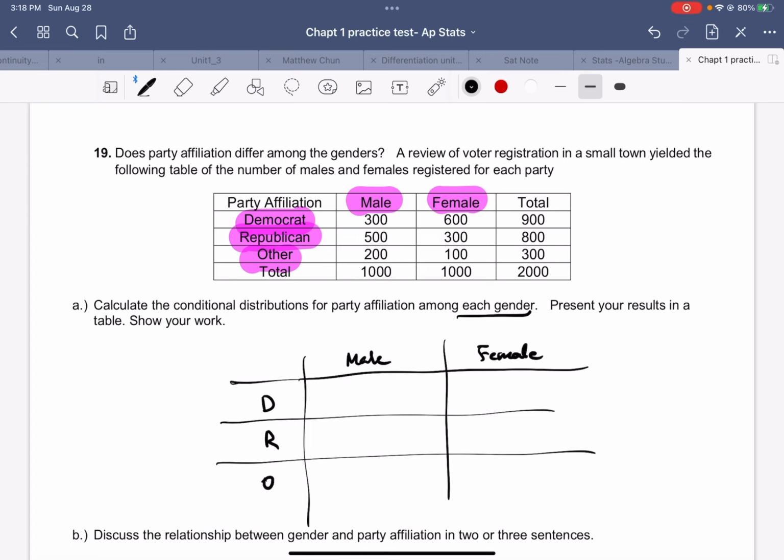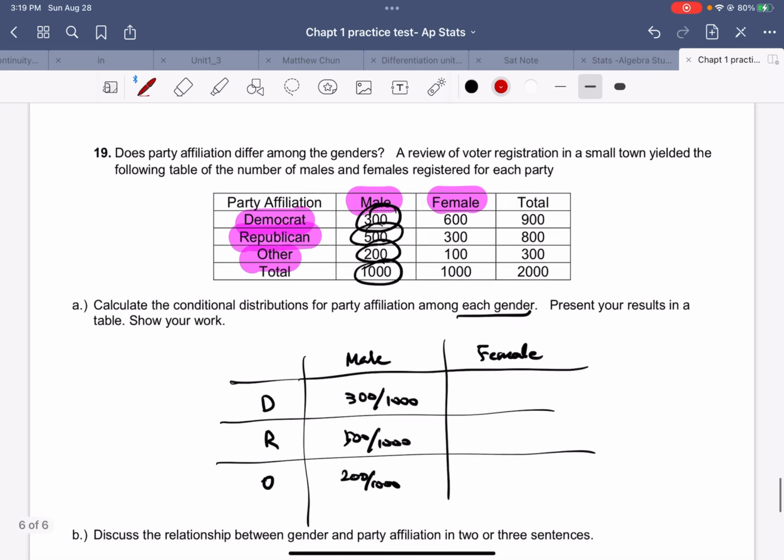So I'm going to write the conditional distribution. So that's 300 out of 1,000, right, for the male. So Democrat is 300 out of 1,000. For Republican for male it's 500 over 1,000. Other is 200.